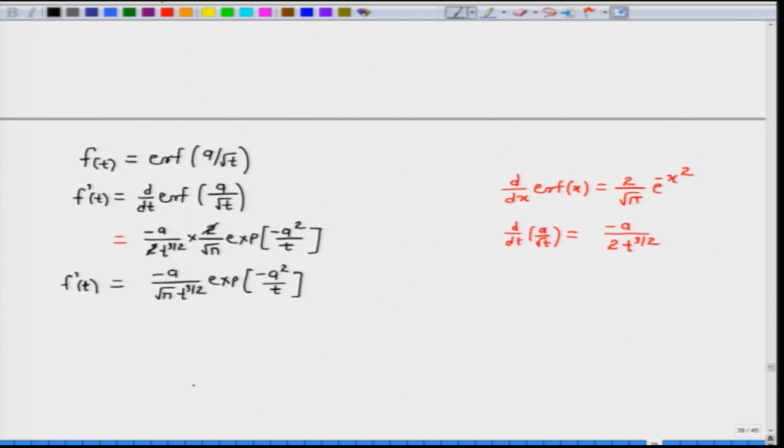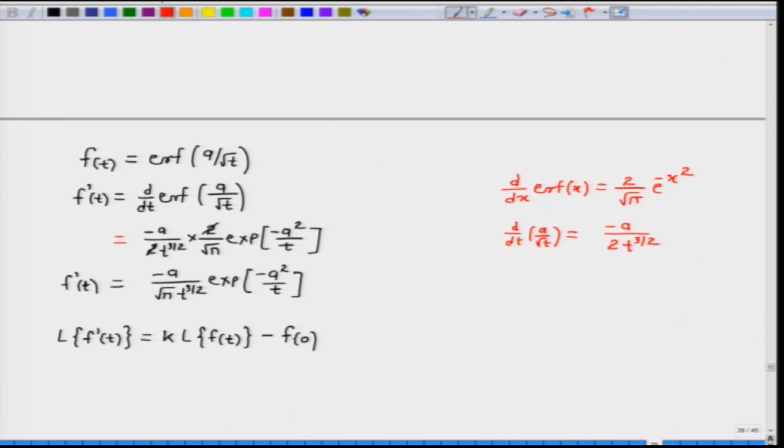So, now let us make use of the formula for Laplace transform of derivative of a function. So, L of f prime of t should be equal to k times L of f of t minus f of 0.